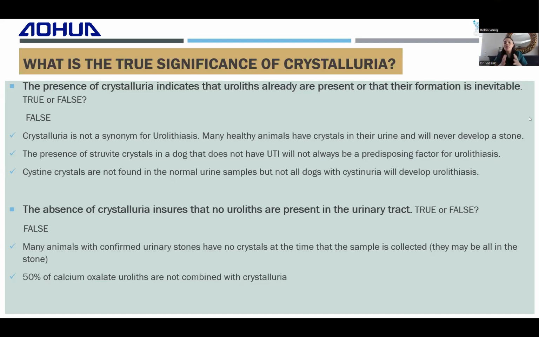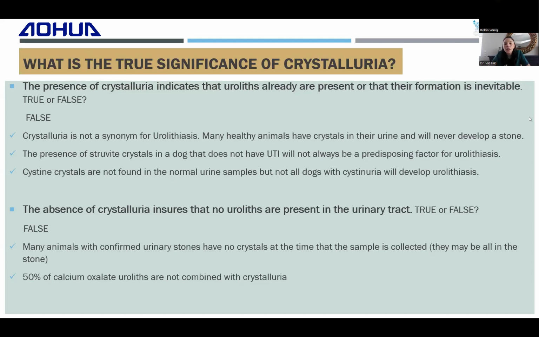So if I have struvite crystals and there is no underlying urinary tract infection, then no uroliths will be formed. But if at some point I have a complication of a urinary tract infection, then at that point struvite crystals might form a struvite urolith. And cystine crystals, for example, are found in urine samples, but not all dogs with cystinuria will develop urolithiasis.